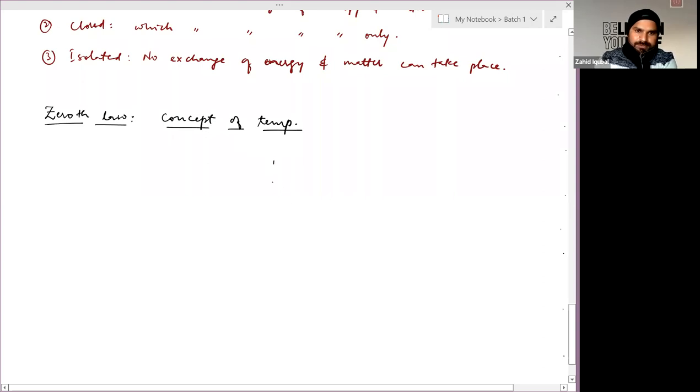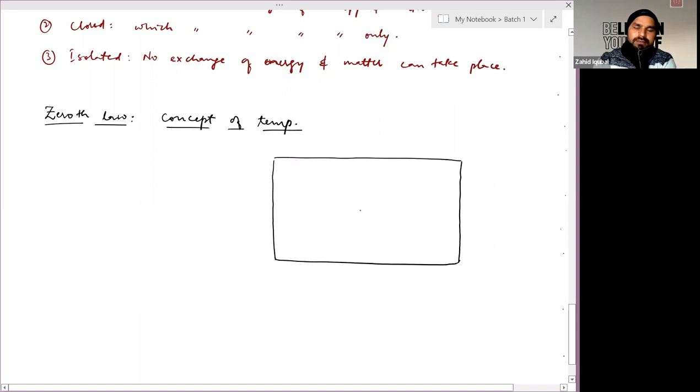Suppose we have an enclosed vessel which restricts any exchange of heat between system and surrounding. So this is called an adiabatic wall, which restricts flow of heat through it.